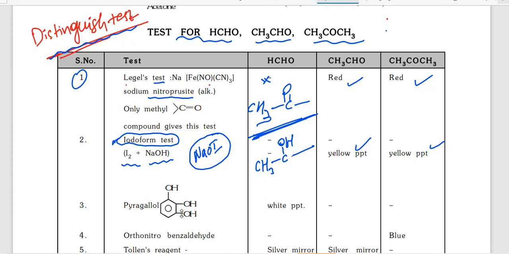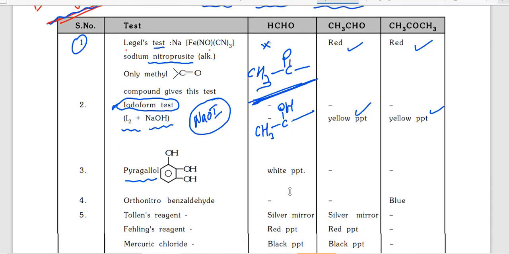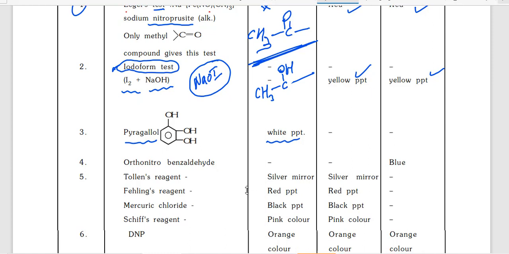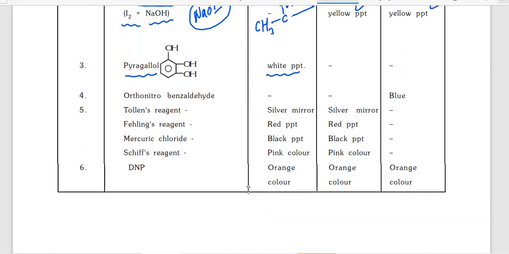Next, pyrogallol. Three OH groups are there on the benzene. It is given only by formaldehyde. Pyrogallol gives the test with formaldehyde, so easily we can distinguish formaldehyde and acetaldehyde like that.